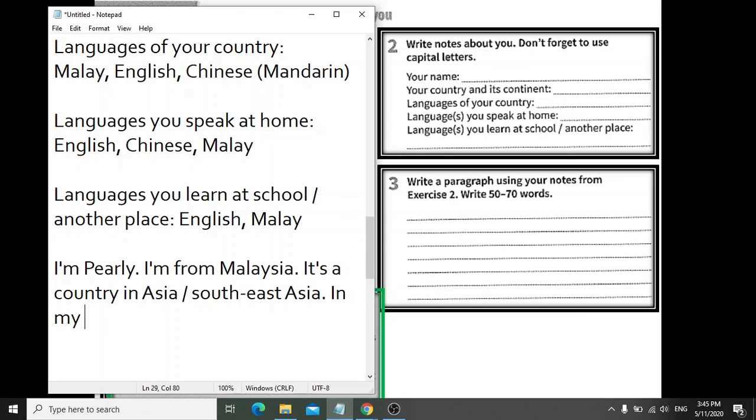Okay, so in my country, we speak Malay, English, okay, Chinese.